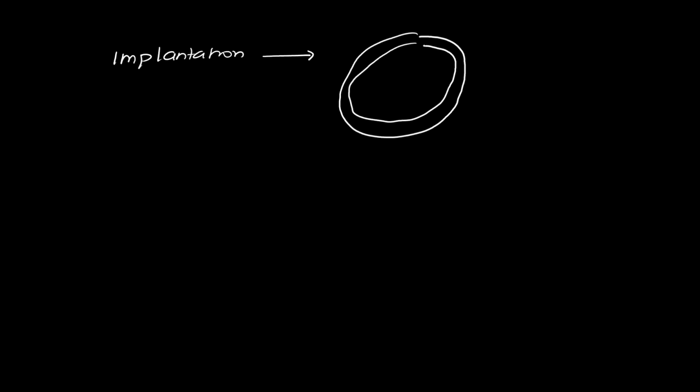At this time, what you see is a ball of cells with a cell covering at the edge, which is known as the trophoblast. That is important in the formation of the extra-embryonic tissues, which is the placenta.